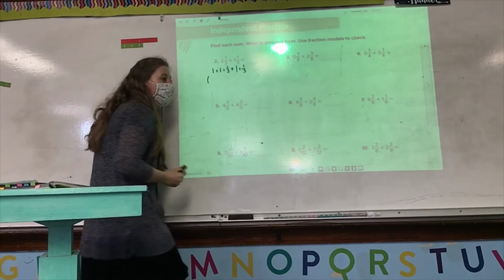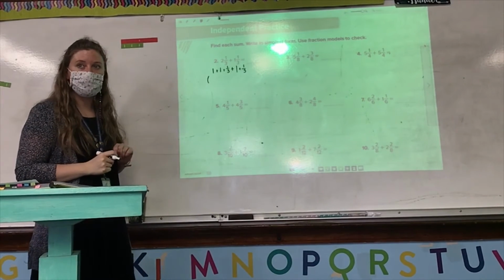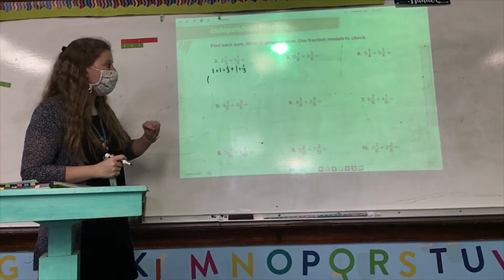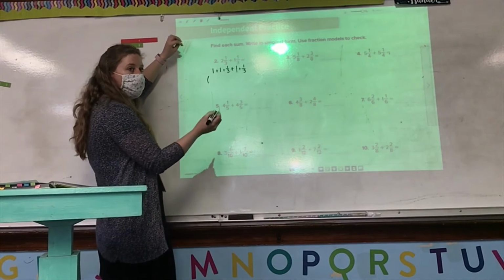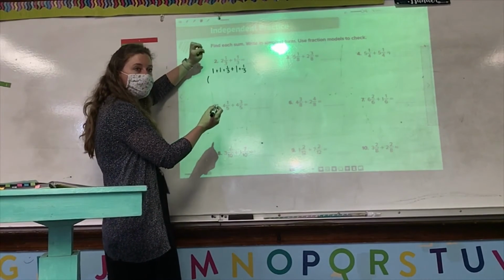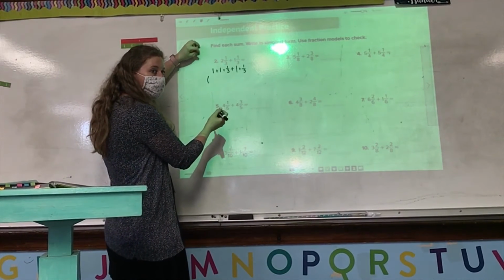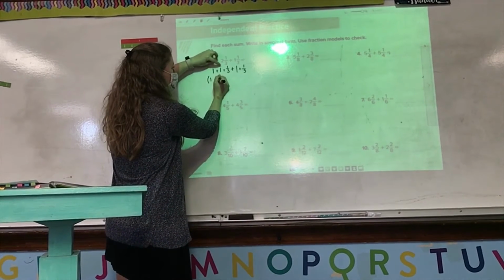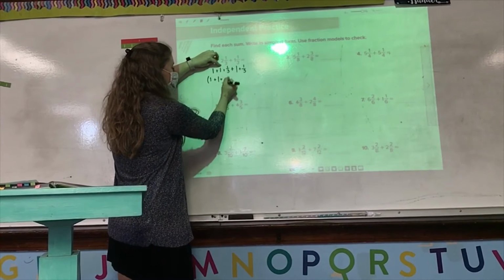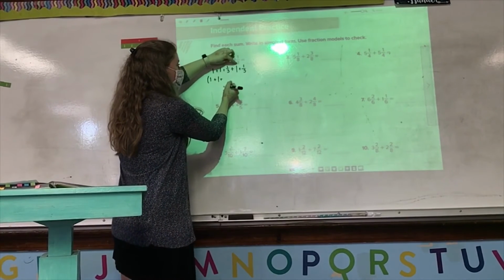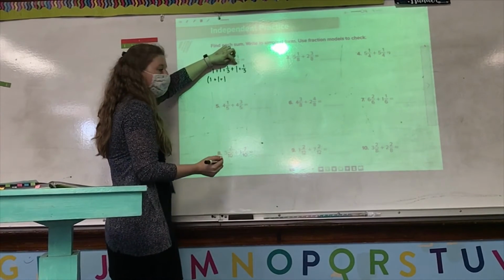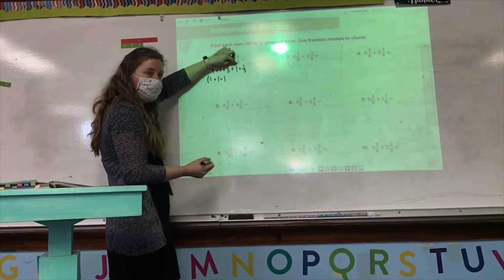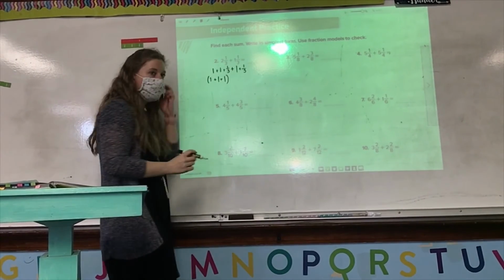So let's go ahead and do our whole number group first. We're going to put parentheses to show that we're grouping things. What are we going to put in that group? 1 plus 1 plus 1. Do we need anything else? No. So we'll close our parentheses.